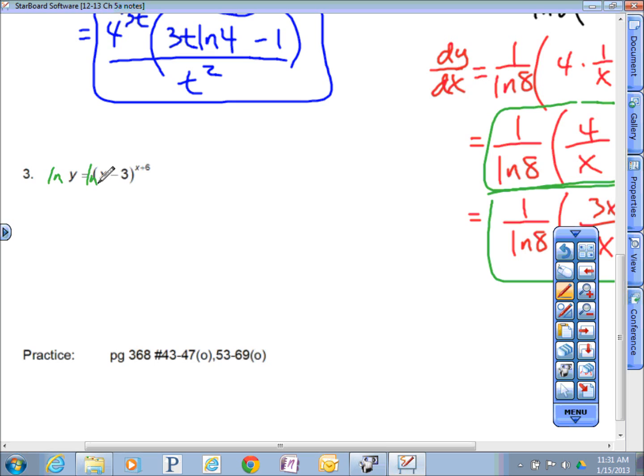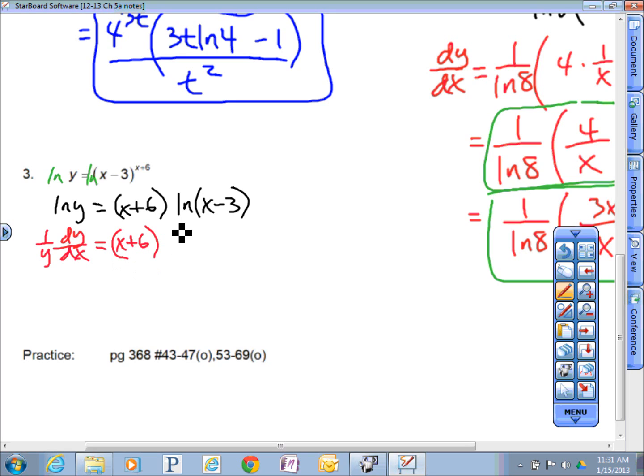So natural log of y is equal to, let's bring the x plus 6 down and make it a coefficient, times natural log of the quantity x minus 3. Now when I go to take my derivative, 1 over y, dy over dx is equal to, how about a product rule? x plus 6 multiplied by 1 over x minus 3 times 1, plus natural log of x minus 3 multiplied by the derivative of x plus 6, which is 1.